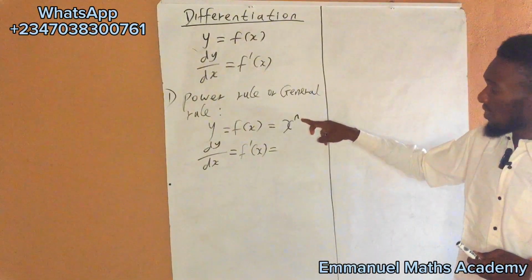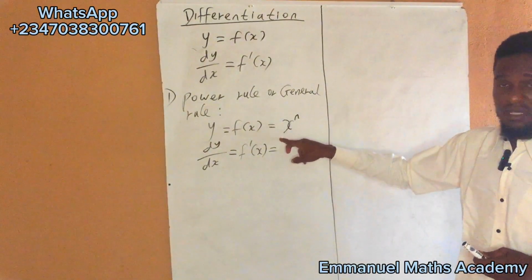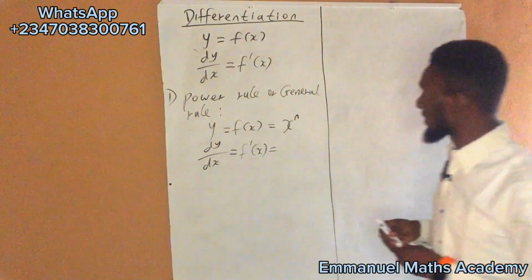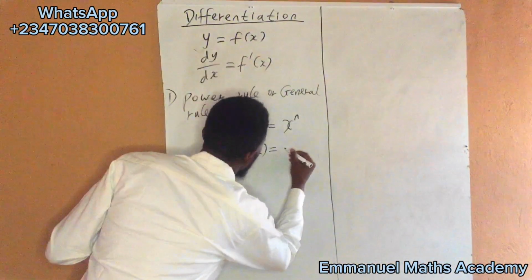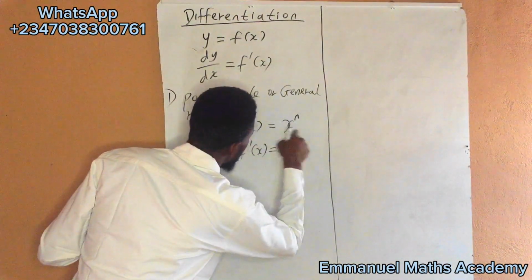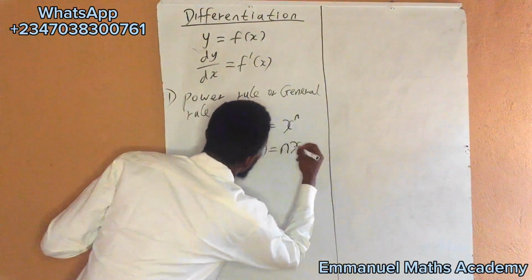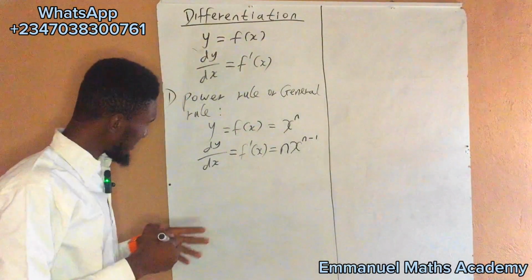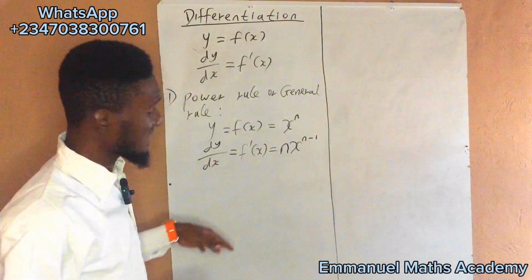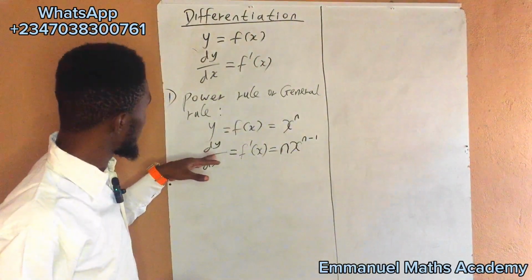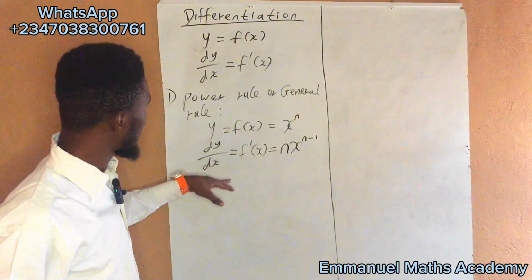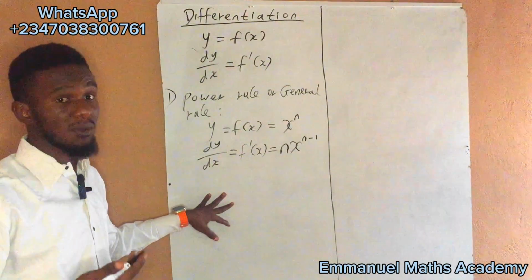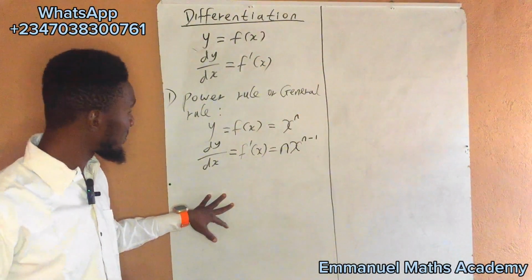You use the power to multiply the base, then you subtract the power also by 1. Look at what I mean. We have n times x power n minus 1. This is your dy/dx. In fact, this is the most fundamental, the rudiment of what you need to know to be able to solve using subsequent techniques or rules.